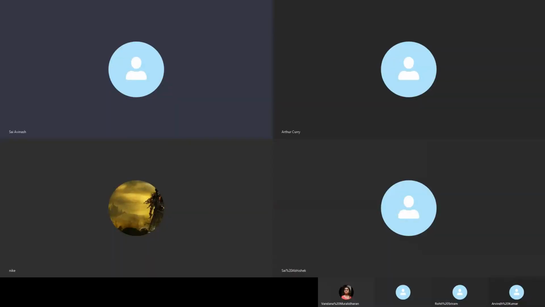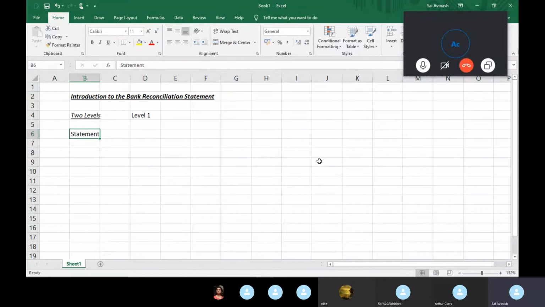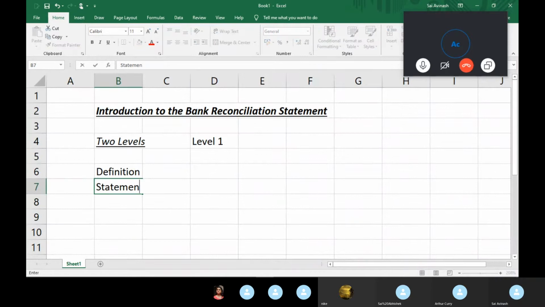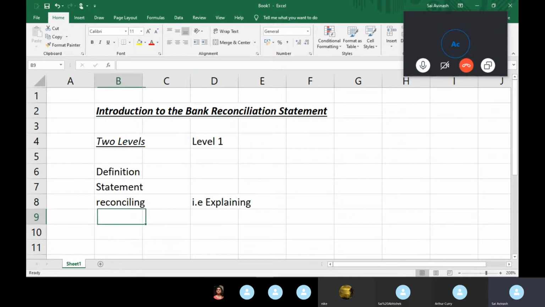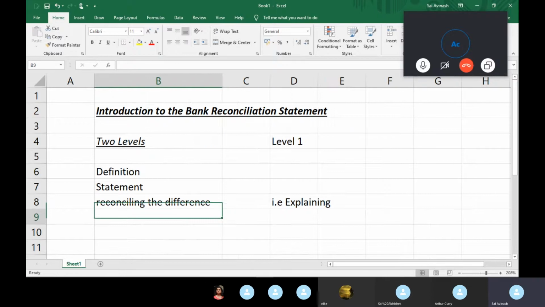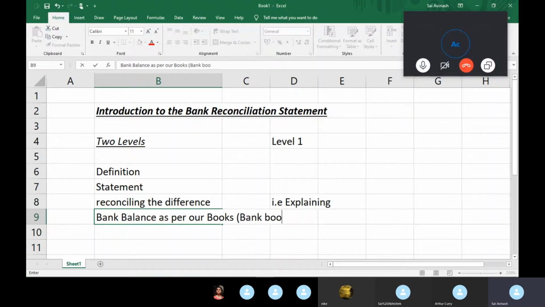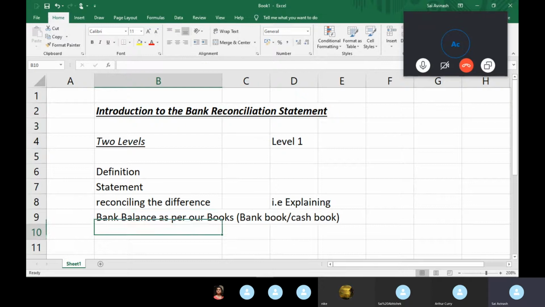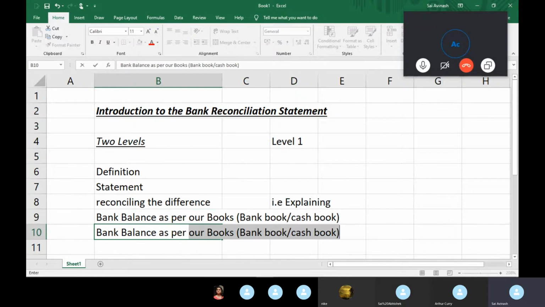Yeah. So we're starting with the bank reconciliation statement. The definition is that it's basically a statement reconciling, that is, explaining the difference between the bank balance as per our books, we call it the bank book or cash book, different names, same idea, and the bank balance as per the bank statement, past, right?